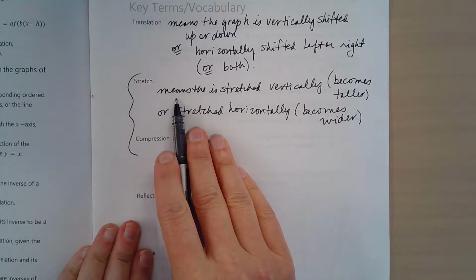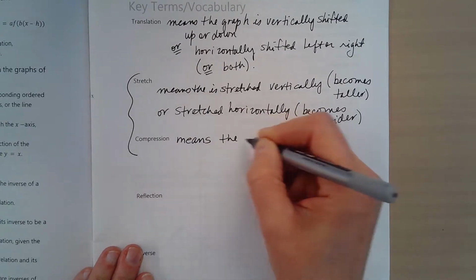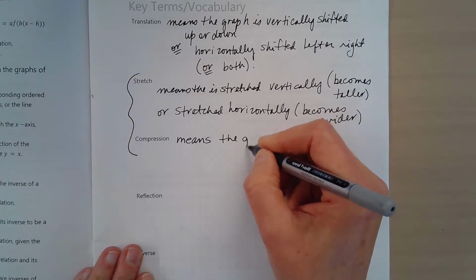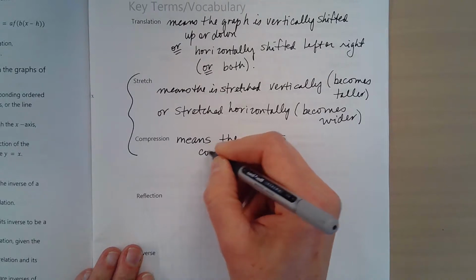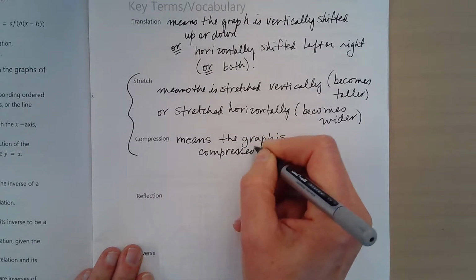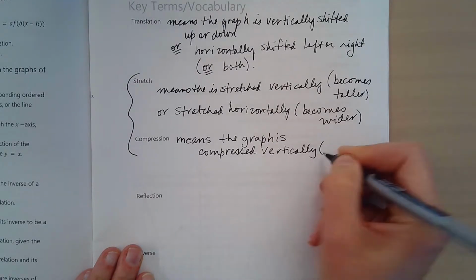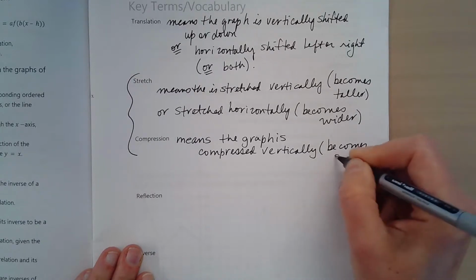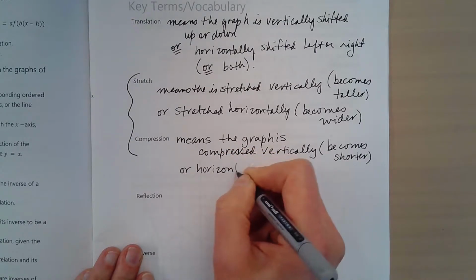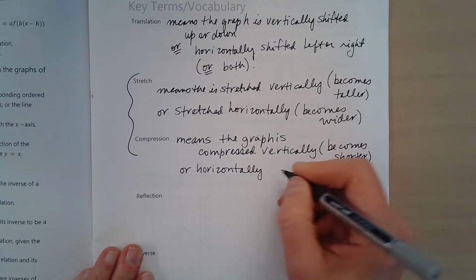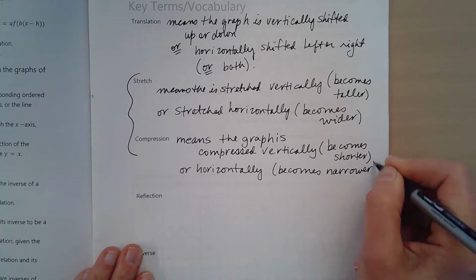This means, I'll try and print, means the graph is compressed vertically, becomes shorter, or horizontally, and I'll put the notes on the website too, on the blog, becomes narrower. Okay?